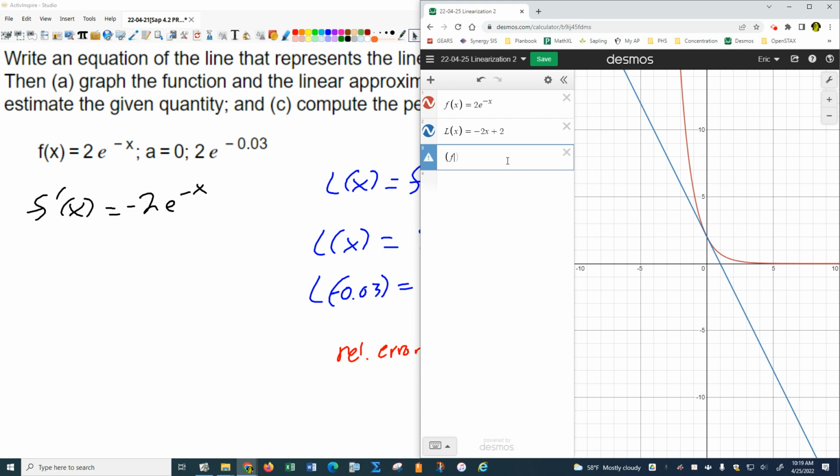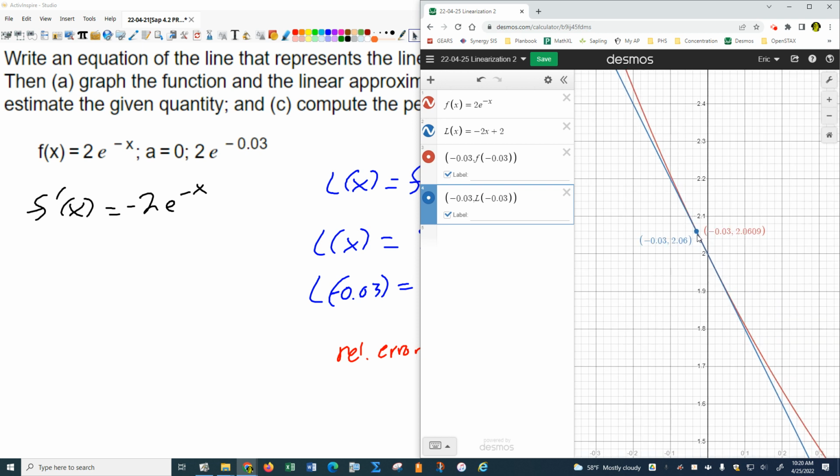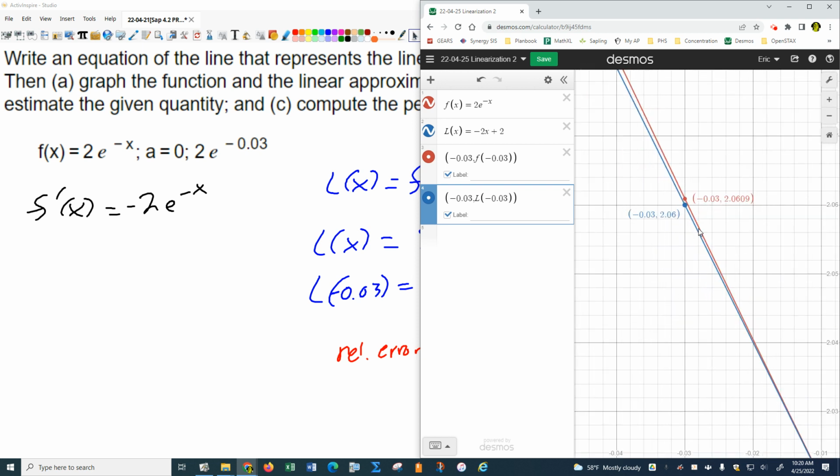So let's plot f of negative 0.03. So there's the actual point. There's the linearization. They're pretty close, right? And if we zoom in, we can see that we undershot a little bit.